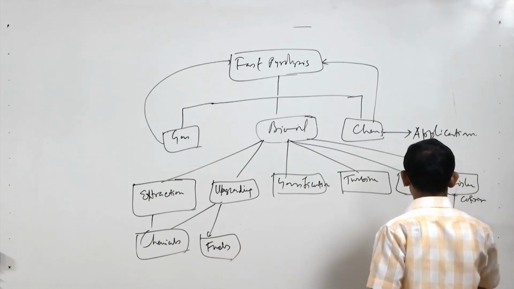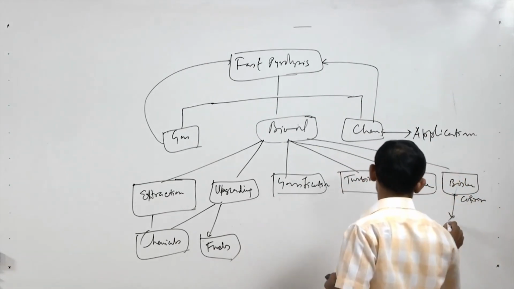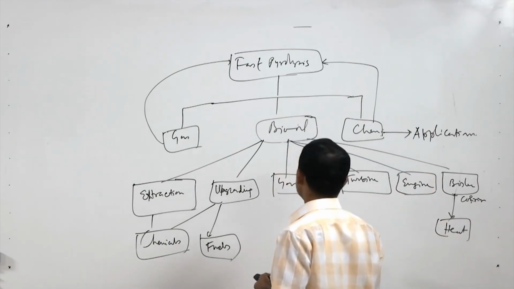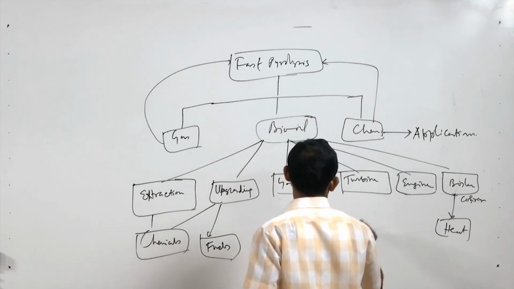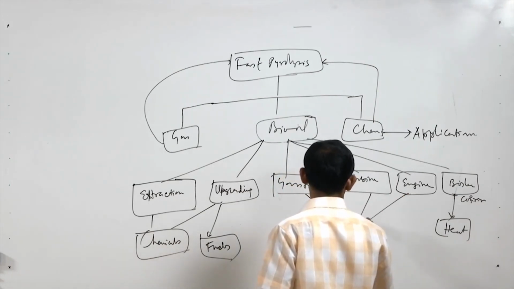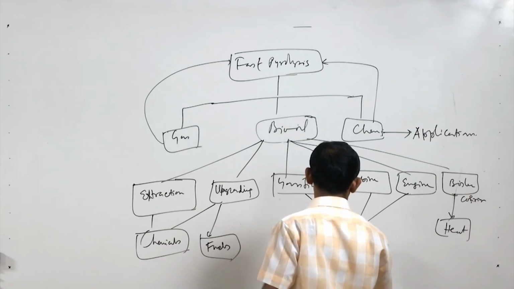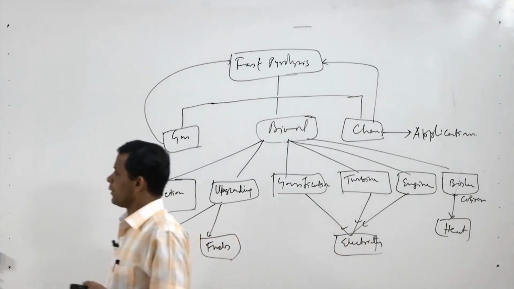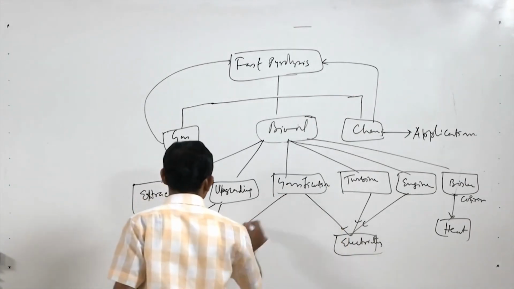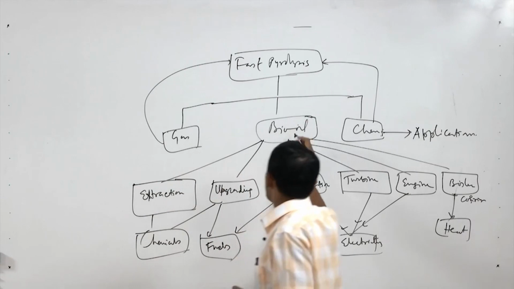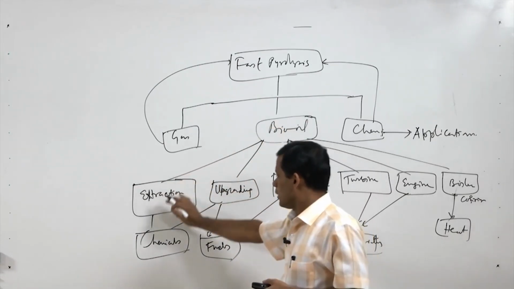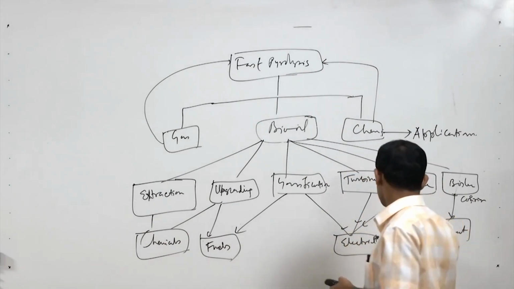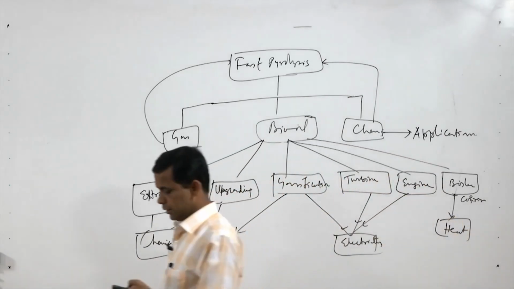So, boiler and co-firing will give us heat, engine and turbine will give us electricity. So, gasification, turbine and engine will give us electricity. Gasification will also give us fuel. So, from bio oil we can get different chemicals, different fuels, and it can be used for electricity and heat production.